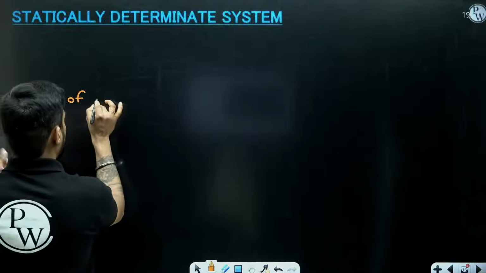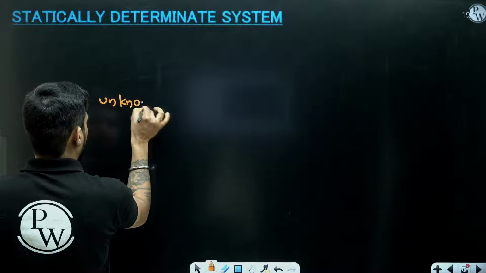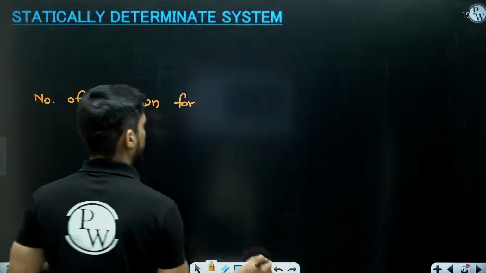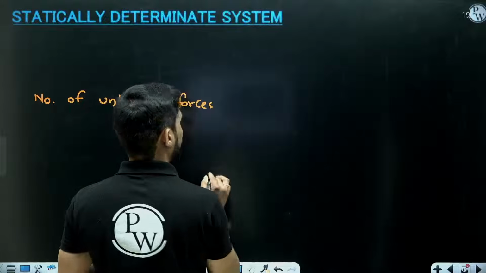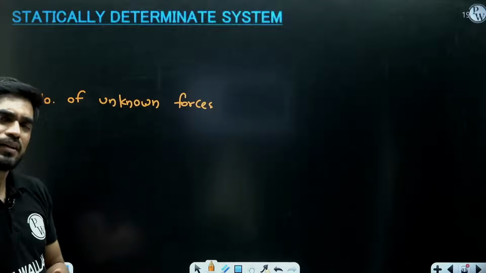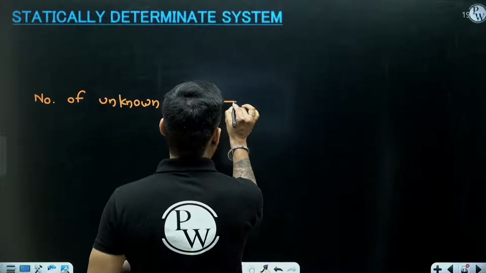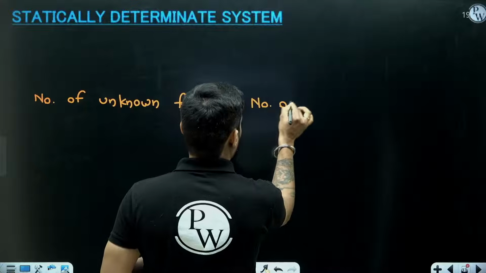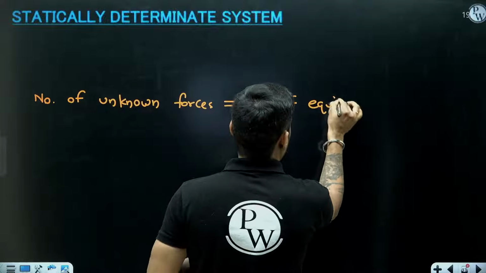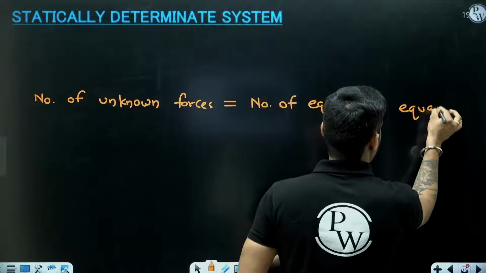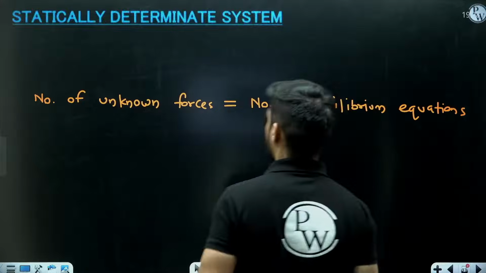Number of unknown forces or couple, assume, so number of unknown forces are equal to number of equilibrium equations.